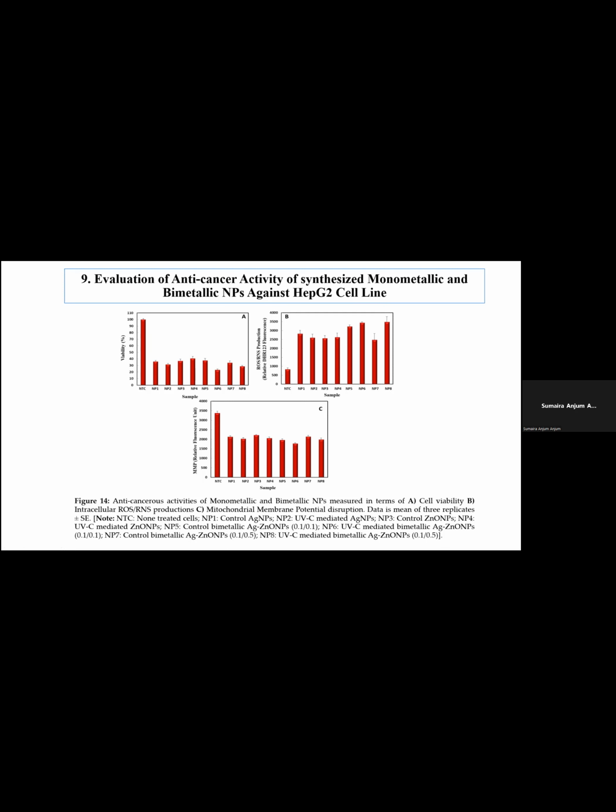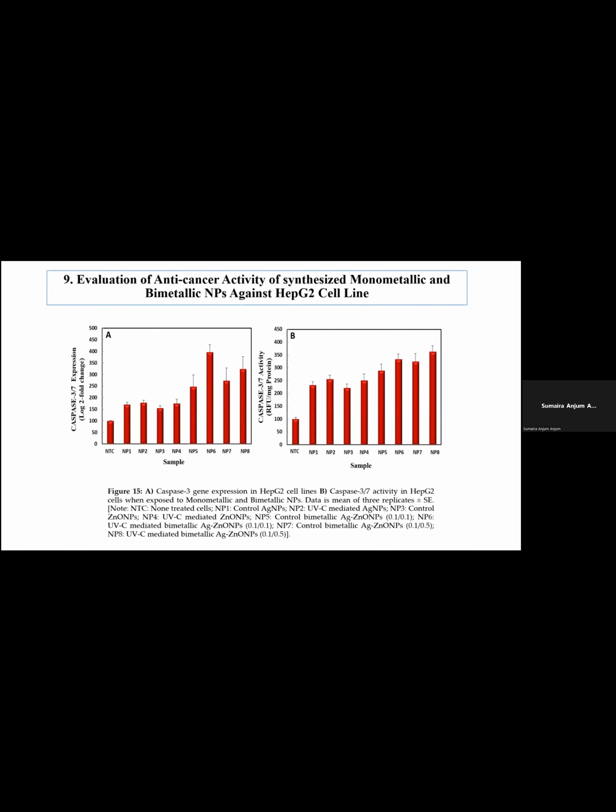Furthermore, we also evaluated the anti-cancer activity of the monometallic and bimetallic nanoparticles by evaluating the gene expression of caspase 3/7, and also by observing the gene activity. This gene expression and gene activity was also highly observed in case of NP6, the bimetallic nanoparticle, as compared to the other monometallic and bimetallic nanoparticles.